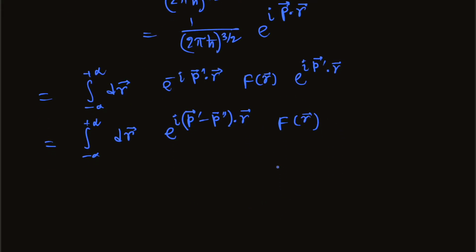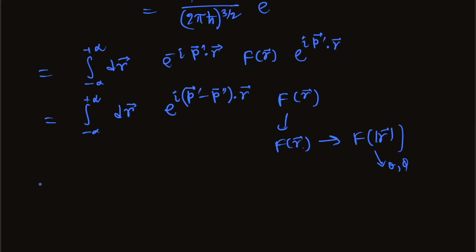Now let us assume one thing, that this f(r) is only a function of the modulus of r. It doesn't depend on the angle, that means in radial coordinates it does not depend on theta and phi. Then this can be reduced, and the modulus of p' minus p'' will be q.